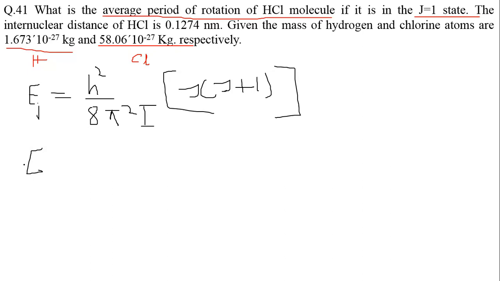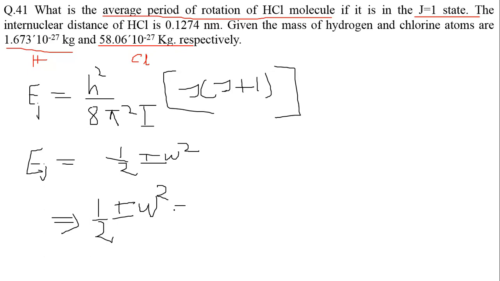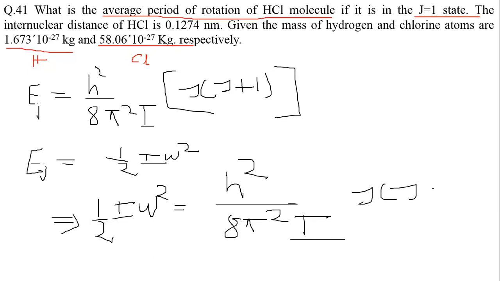But this E is equal to half I omega square, because this is rotational energy, and rotational energy is also given as half I omega square. So when we equate the two energies, half I omega square is equal to h square divided by 8 pi square I, J into J plus 1.